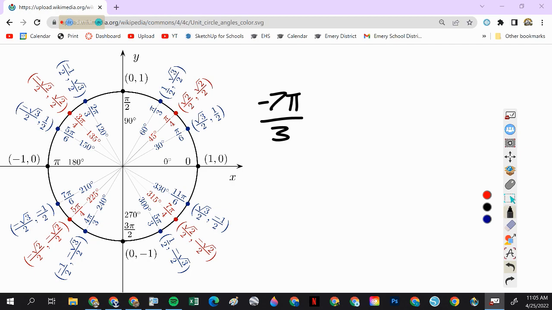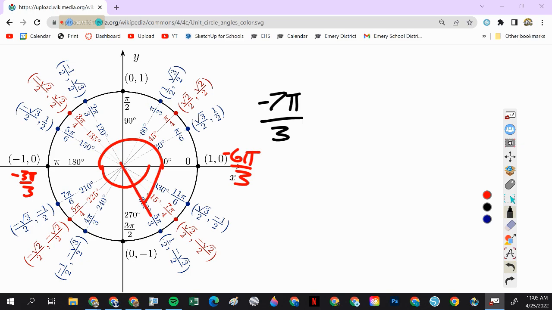So we're going to go backwards. How far to there? That's negative 3 over 3, right? So this is negative 3 pi over 3. How far to there? 6 pi over 3. So negative 6 pi over 3.